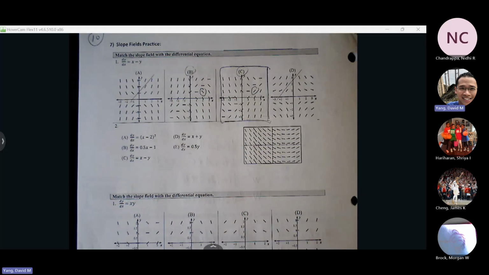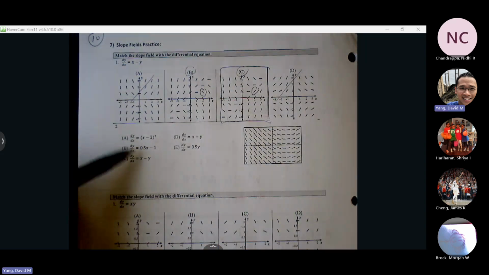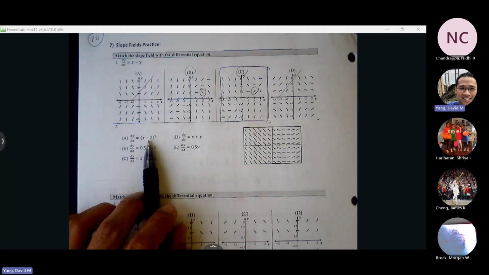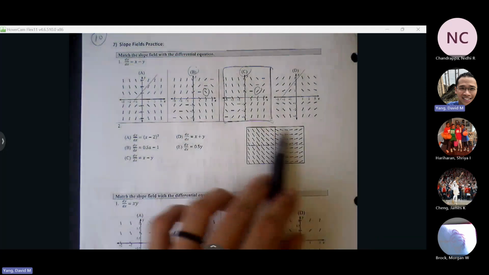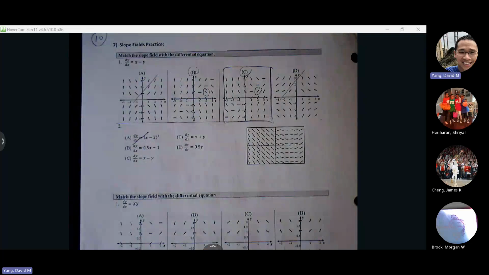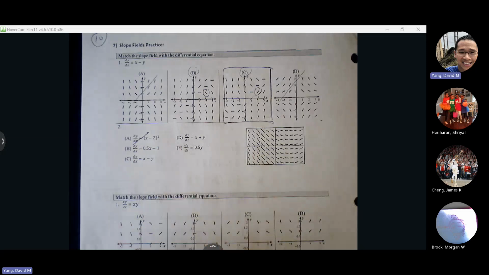If we see that relationship, we can look to see which one is going to meet that criteria. We know (x minus 2) squared is always positive, so that's not going to be a good fit, because we do see some negative slopes here.